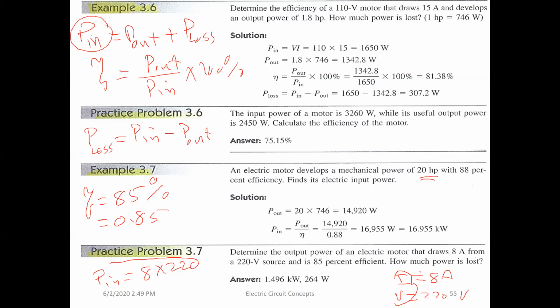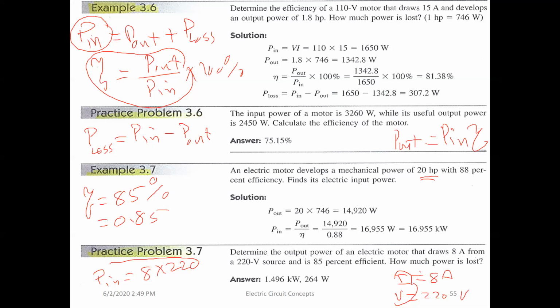P out, we can get it from this equation here. So P out would be, so we do the cross multiply, will be Pin times the efficiency. Again, so Pin will be 8 times 220. Let me move this, I have enough space.